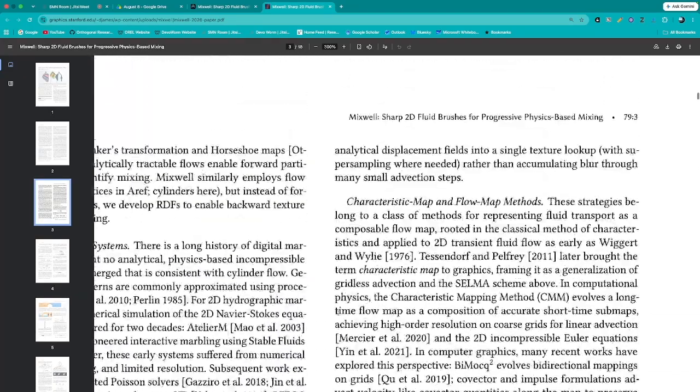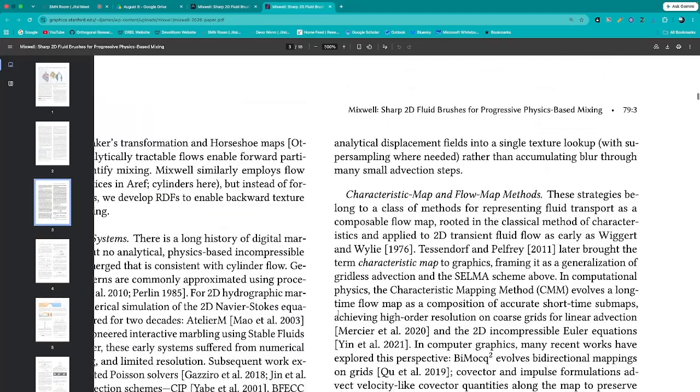This other area that they review, which is characteristic map and flow map methods, is interesting because it deals with some things going on in machine learning and physics-inspired machine learning in particular. So again, we're dealing with fluid flows and fluid dynamics necessarily.